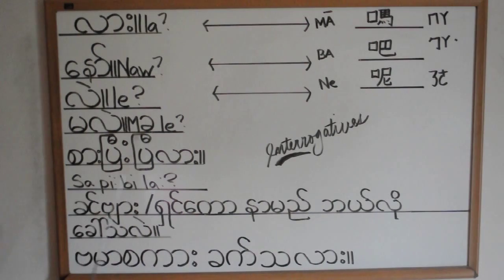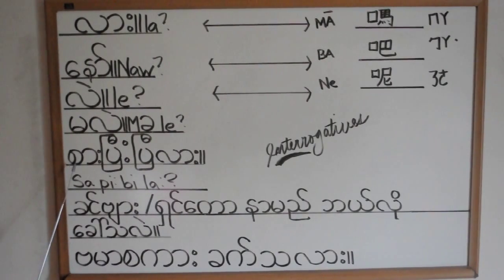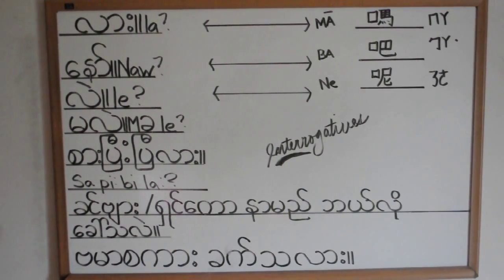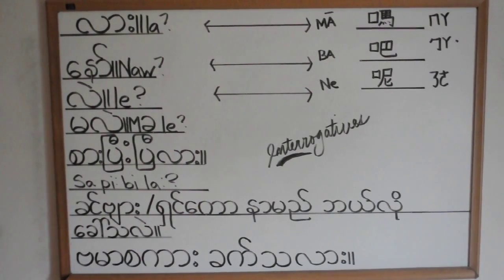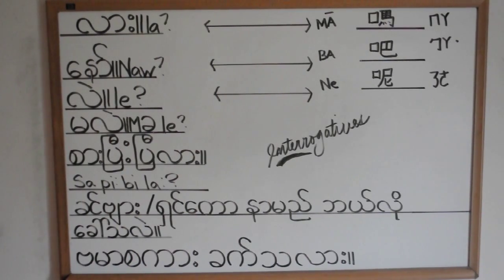The next thing here is sabibila. Have you eaten yet? This is obviously a yes or no question, hence la being used there. And that's the past tense, so you don't have to worry about any other words to add.